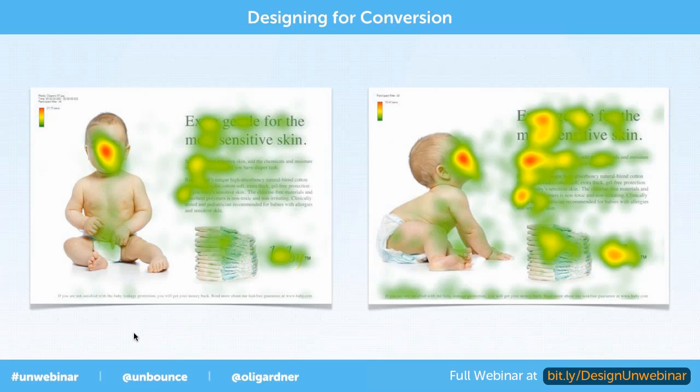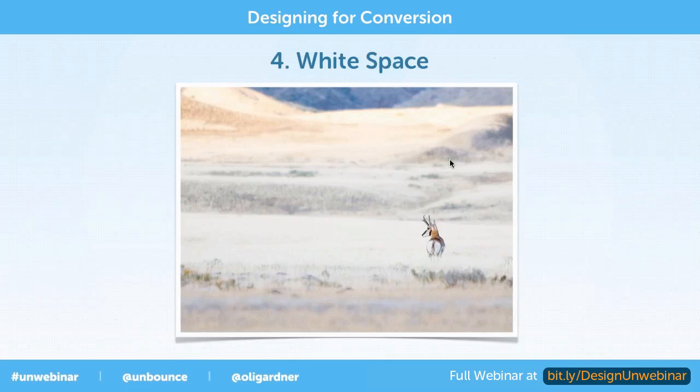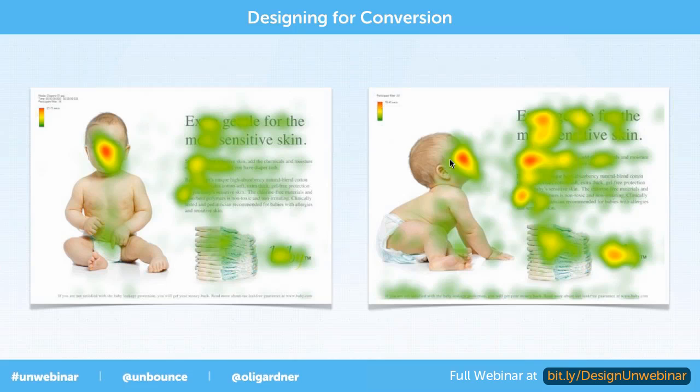This is a classic study using a heat map, which tells you where people are looking or clicking on the page. Here you can see, because of the direct eye contact of the baby, your eyes are locked into the gaze of the baby. On the second example on the right, you'll see that your first attention is here, but then you follow the gaze and you start looking at the content.